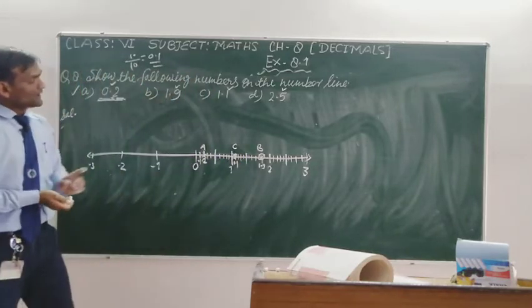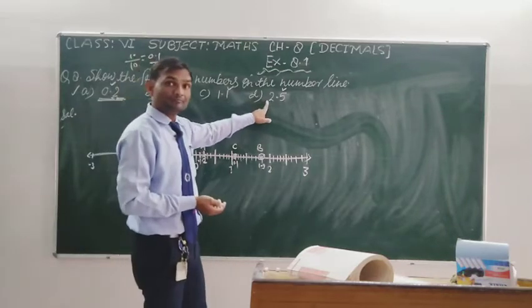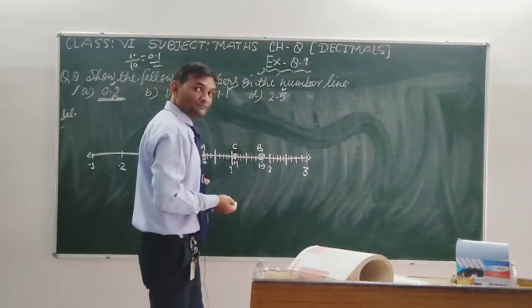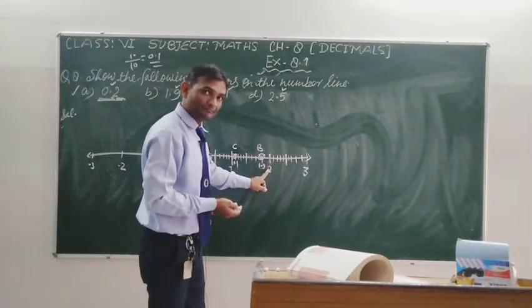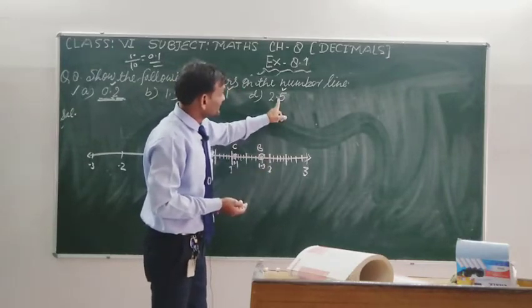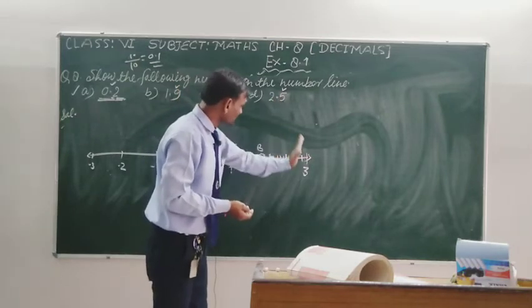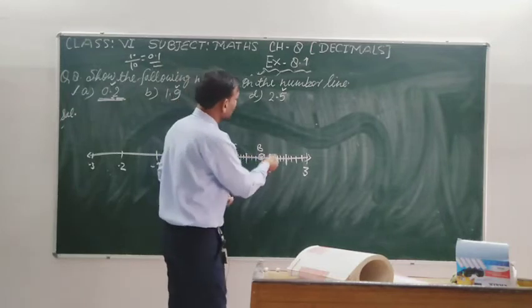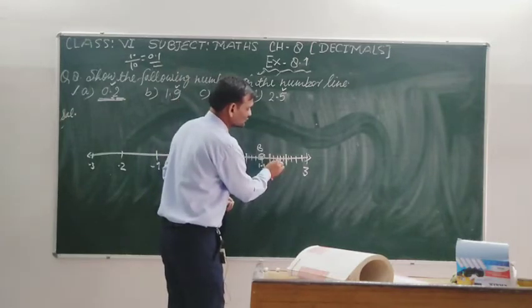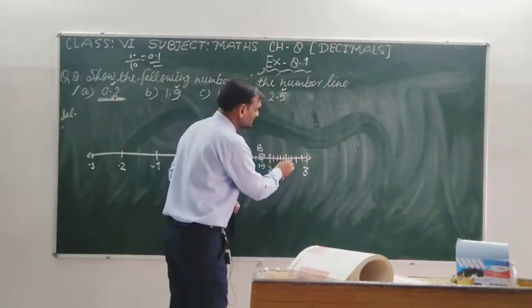Suppose that. And 2.5, 2 is a whole number. So firstly, see the 2 is here. And for finding the point 0.5, we move forward from 2. हम 2 के आगे चलेंगे, move करेंगे. तो 2.1, 2.2, 2.3, 2.4 and 2.5.